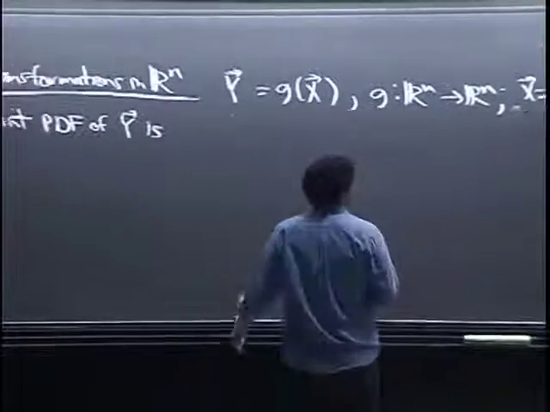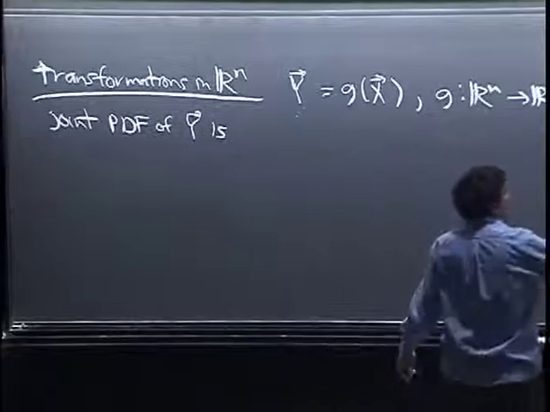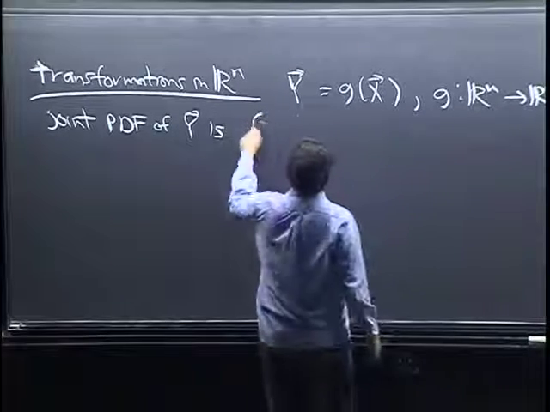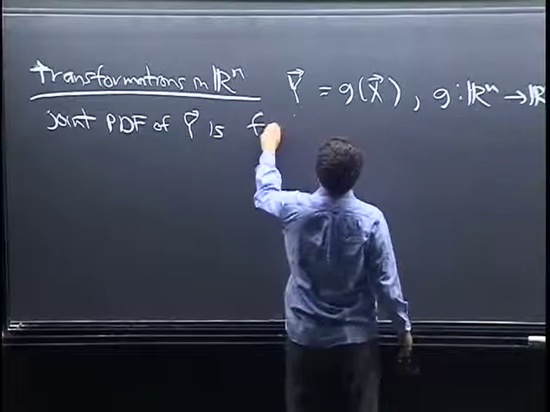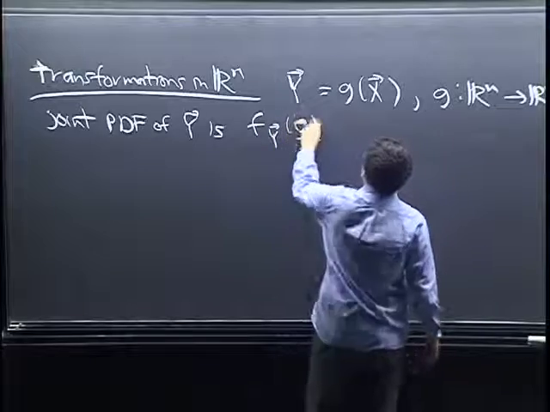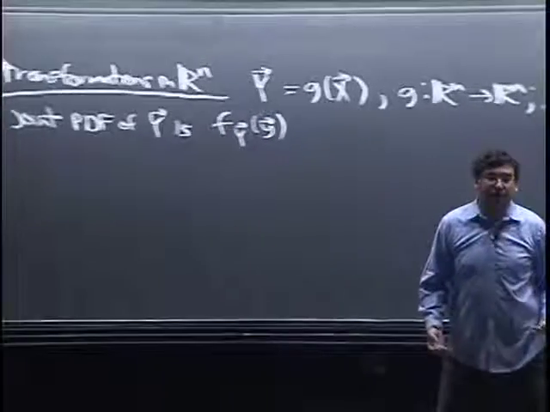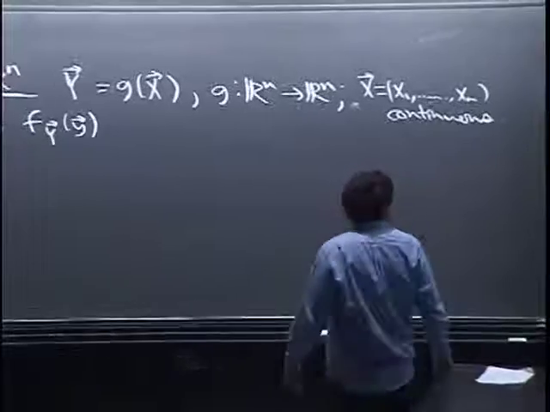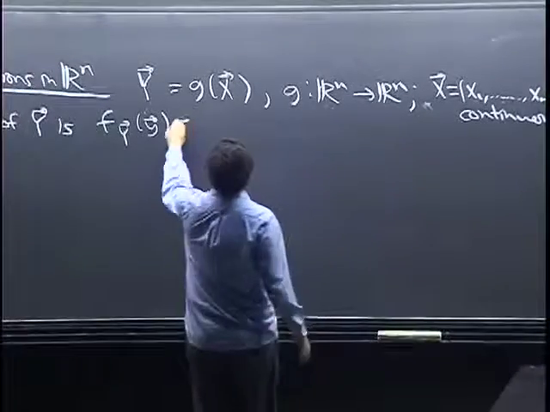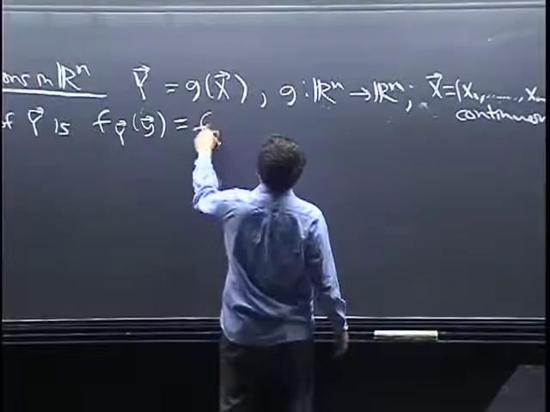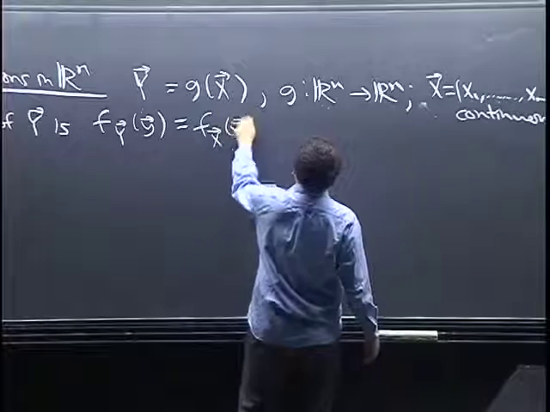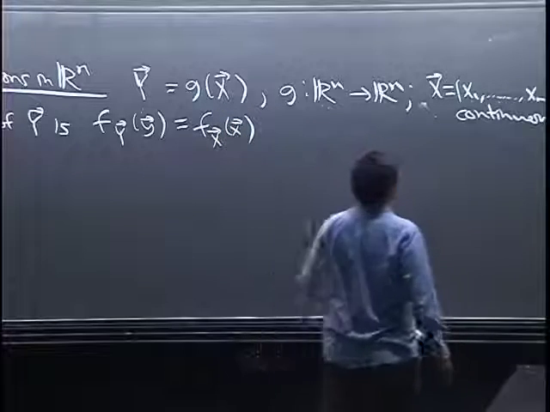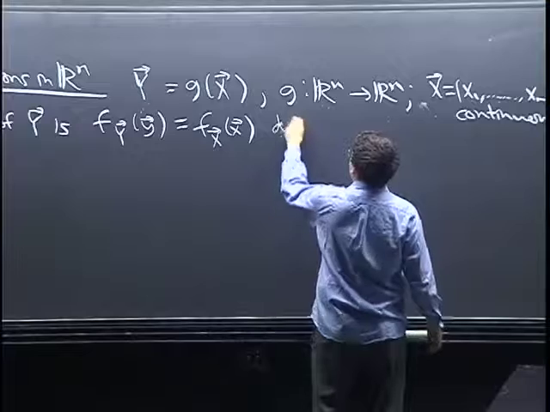So I'm just going to write down the analogous equation to that. F sub y of y, I'm just using that as notation for the joint PDF, equals the joint PDF of x times dx dy.